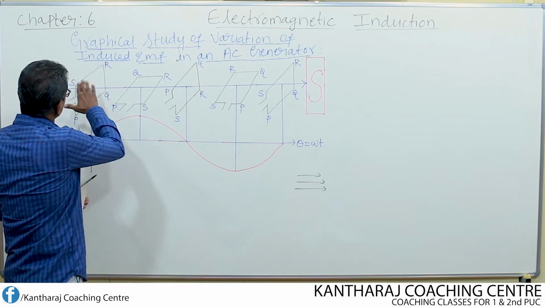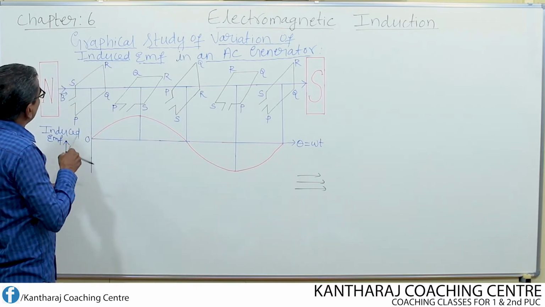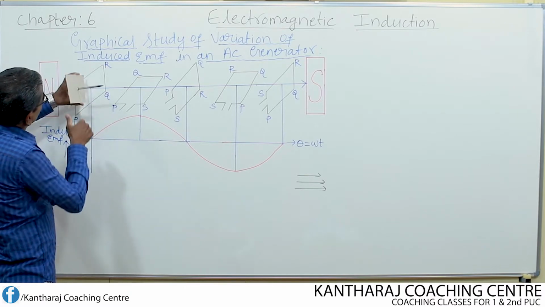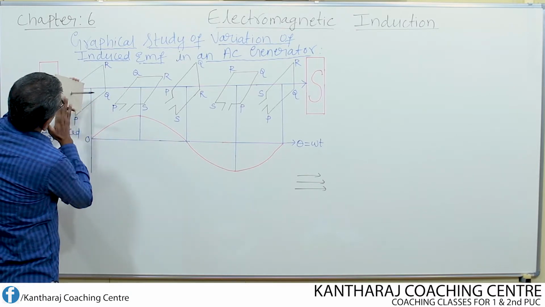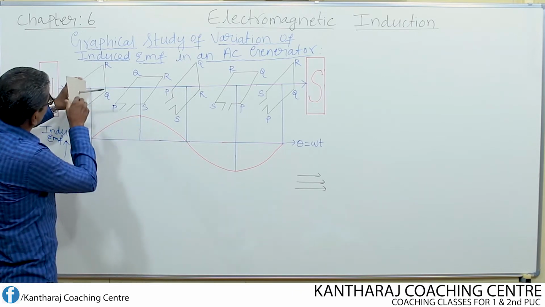Let us start from this position. Look here. Initially, when the coil is like this, this is the plane of the coil. To the plane of the coil, the area vector is perpendicular.